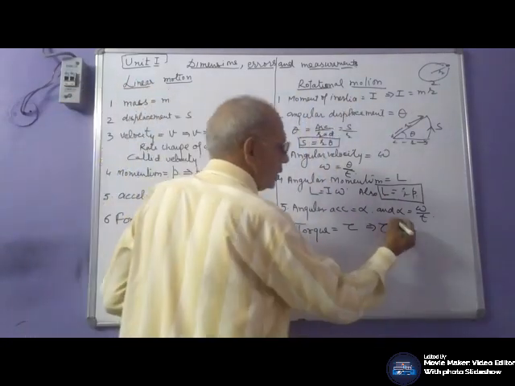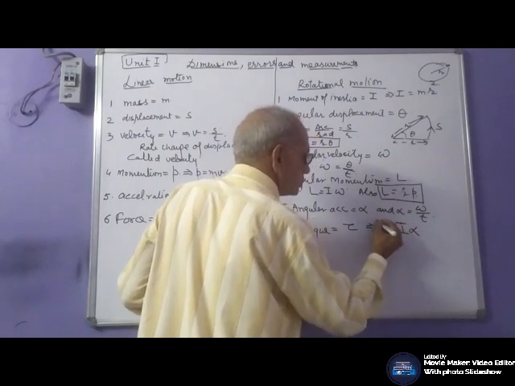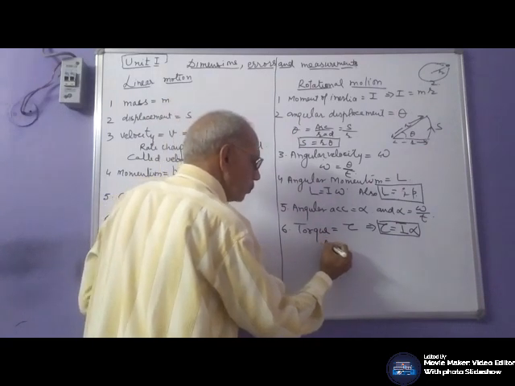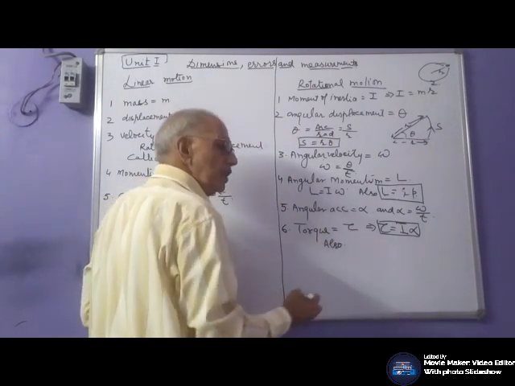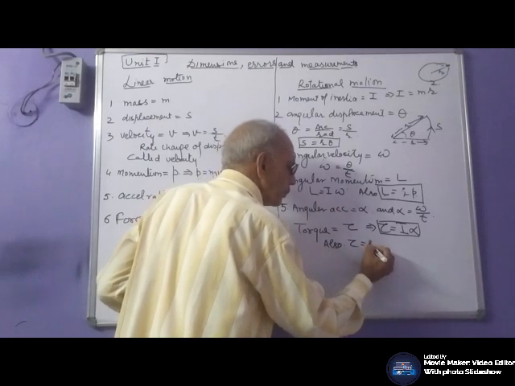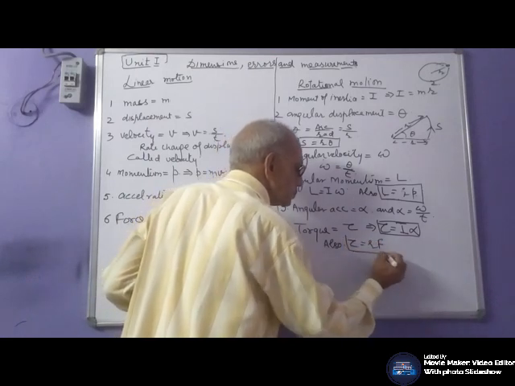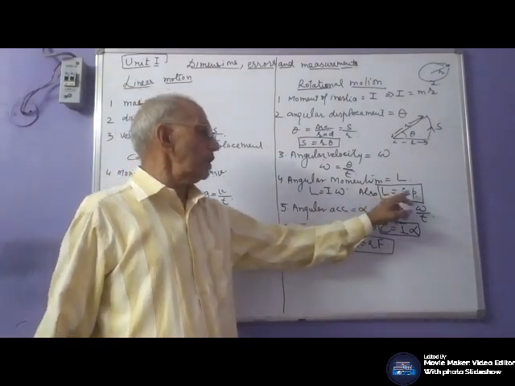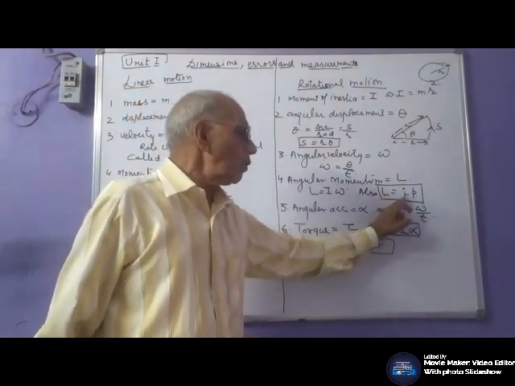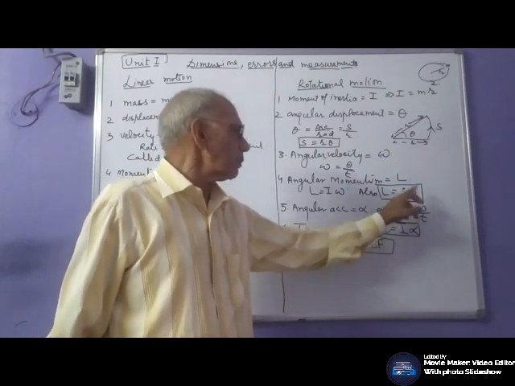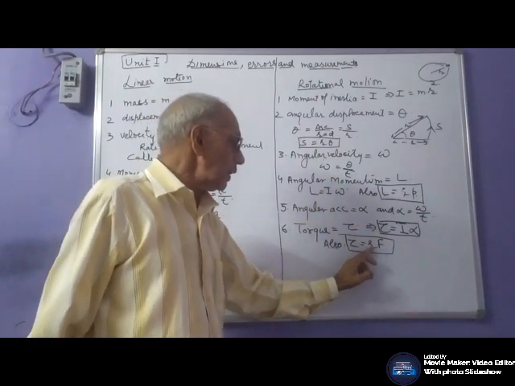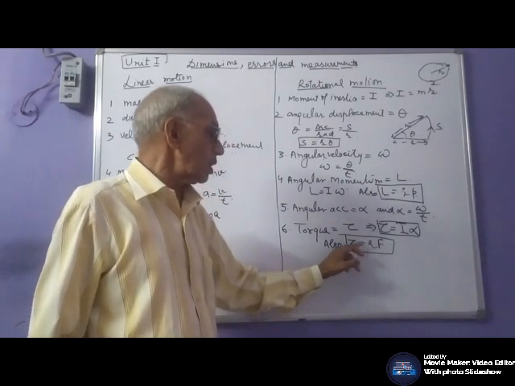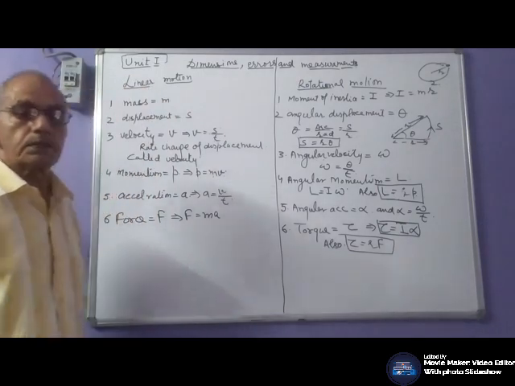Moment of inertia, times alpha. Also we will read this, tau is r cross F. What did I just say? We will read this in 11th class. Moment of momentum is angular momentum, so moment of force is called torque.